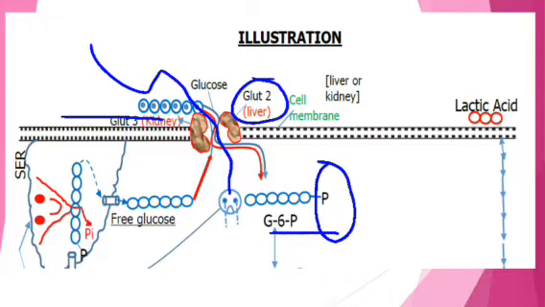However, the glucose phosphate reaction, which was achieved when hexokinase or glucokinase phosphorylates it, is irreversible.